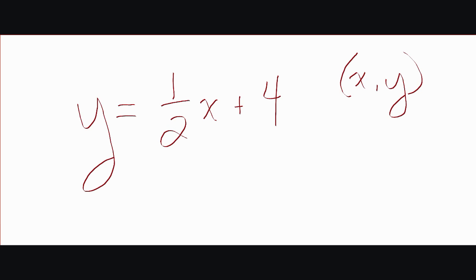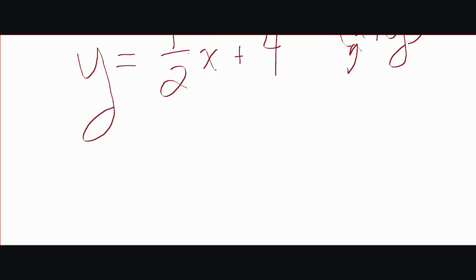For example, if I said x was 4, half of 4 is 2, plus 4 more makes 6. So if y is 6 and x is 4, that's a point. More importantly, think about the order in which I presented that initially. I said, if x is 4, what is y? If x is 4, then y is 6. X was the input, that's why it comes first in the ordered pair, and y is the output.